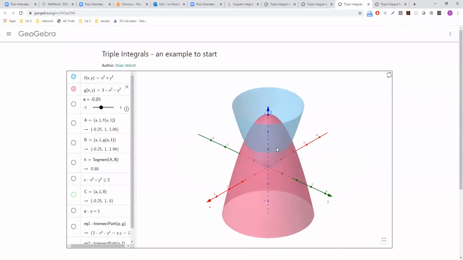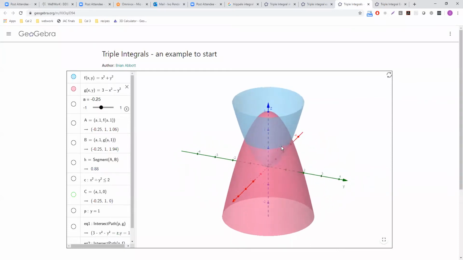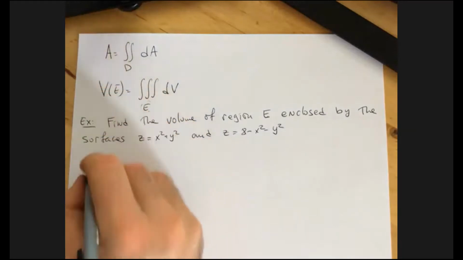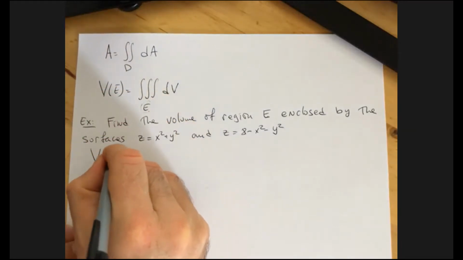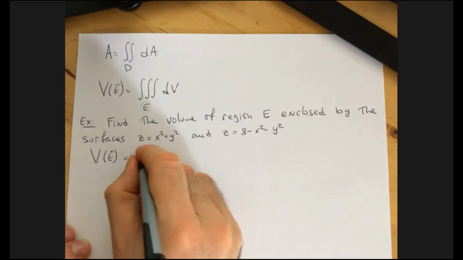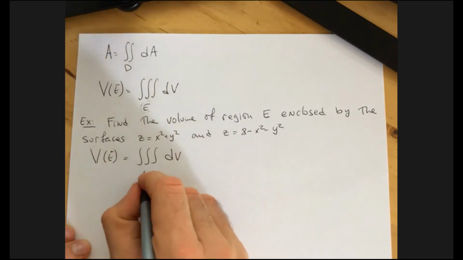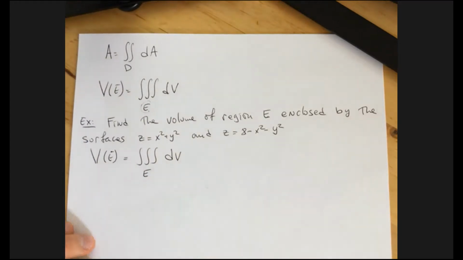So how am I going to find the volume of this solid obtained by the intersection of these two surfaces? By definition, the volume of this three-dimensional region is the triple integral of 1 over that region. So let's find the bounds of that region.